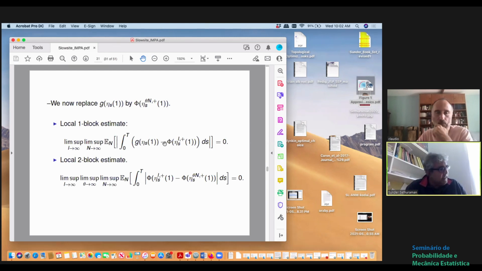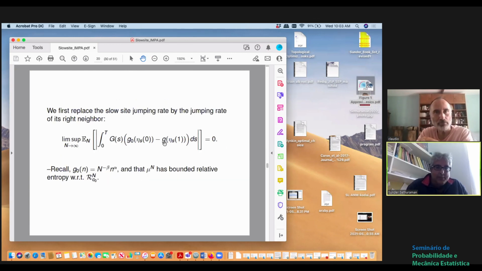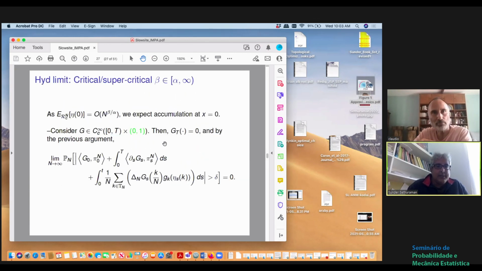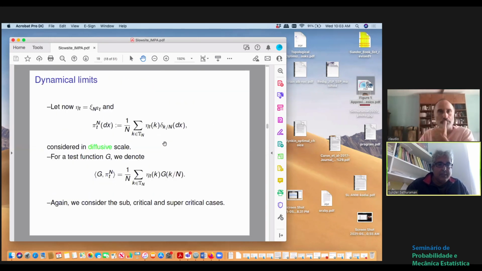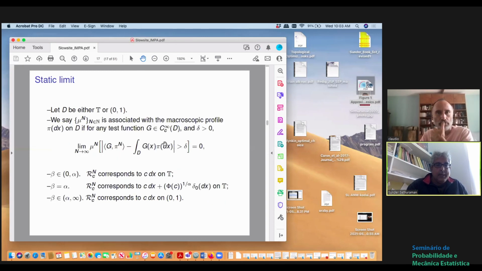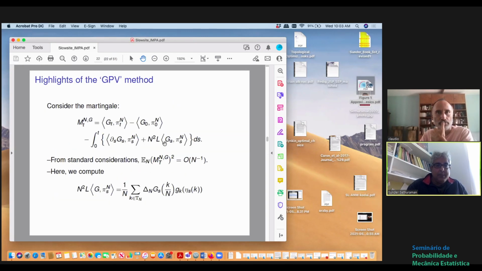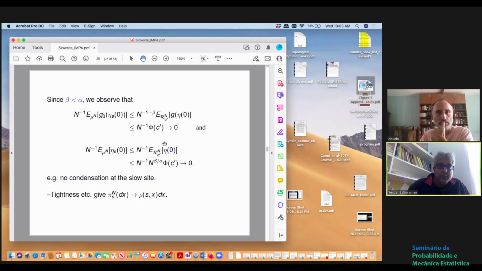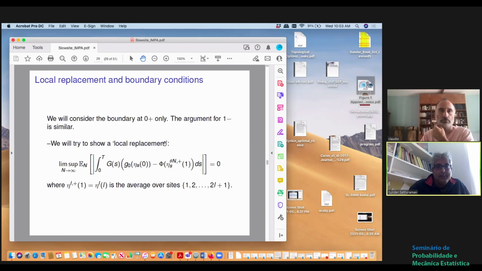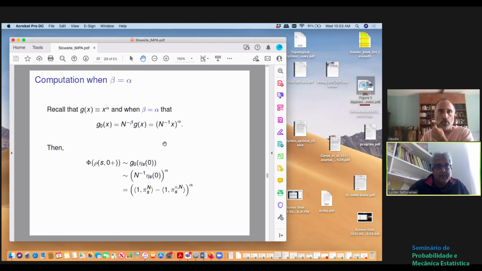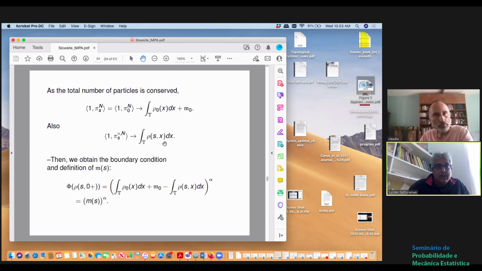And about the buildup on the slow side, I guess in the critical case, is that what you're asking? Nice to interact with you, Milton. One has a buildup of the atom, right? In the critical case, that's certainly there macroscopically. Macroscopically, this is building up in the critical case.